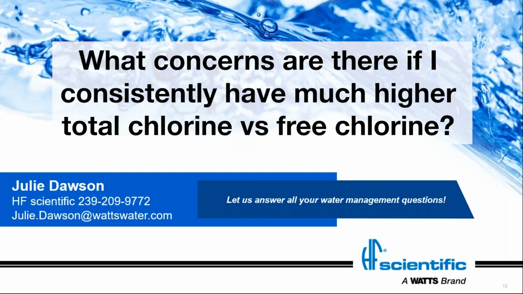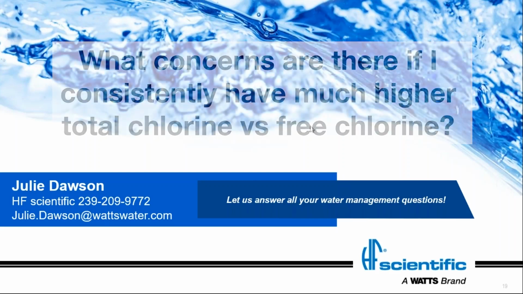Am I complexing it with TOC and forming disinfection byproducts, or am I actually using it to kill something in that water and it's doing its job and I'm happy that it's doing its job? So it's very application specific and understanding what you're doing, but I'd be happy to discuss that more offline and specific to your application.